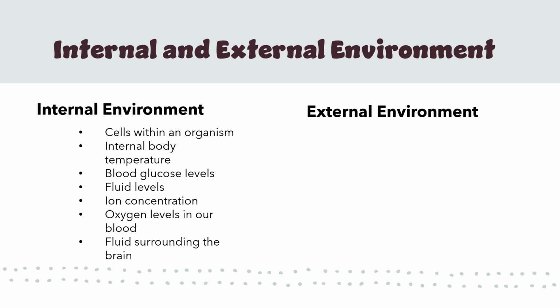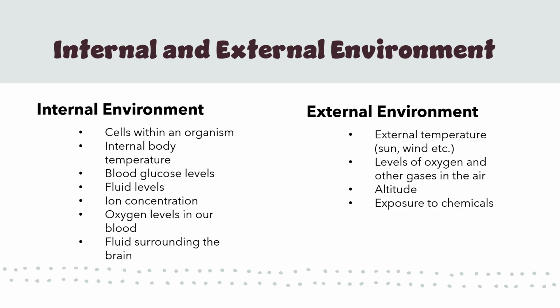So it's things that are happening within your body or within an organism's body. Your external environment is things like temperature, levels of oxygen or other gases in the air, the altitude or exposure to chemicals. So I want you to be able to distinguish between the internal environment and external environment.